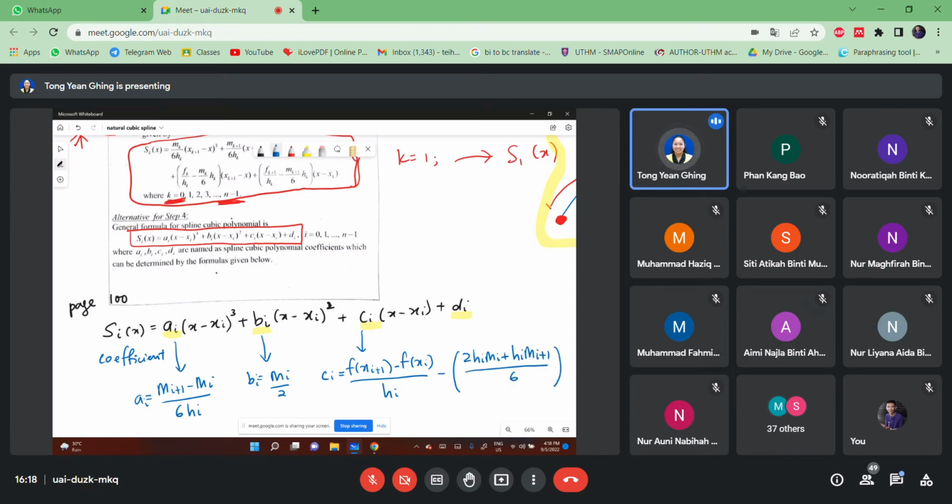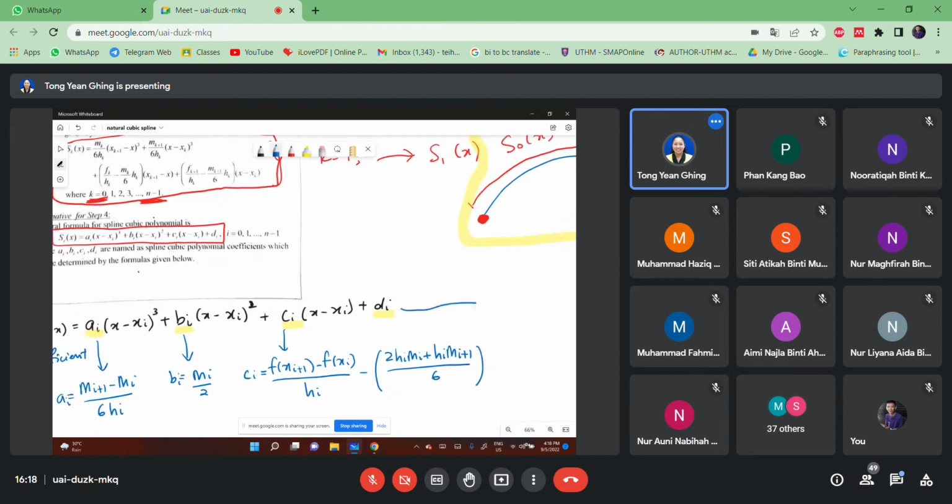Rasanya awak boleh ingat tak? And then Di is actually the value of y. Di is equal to f(xi), the value of y actually.